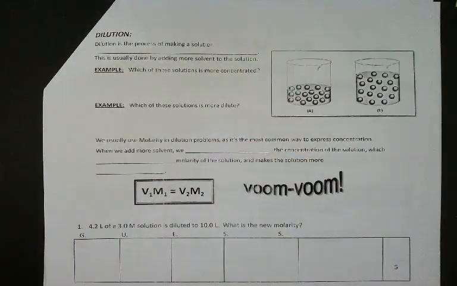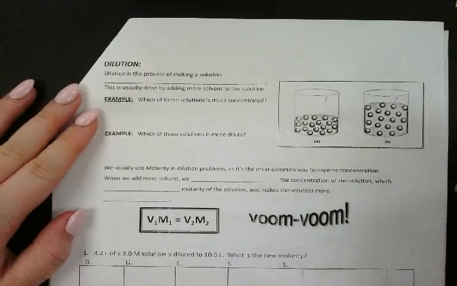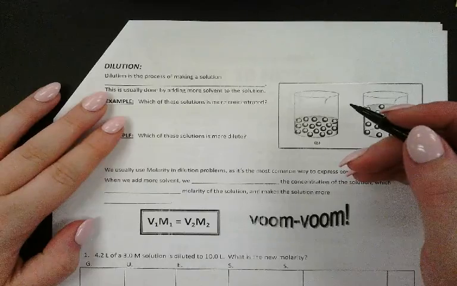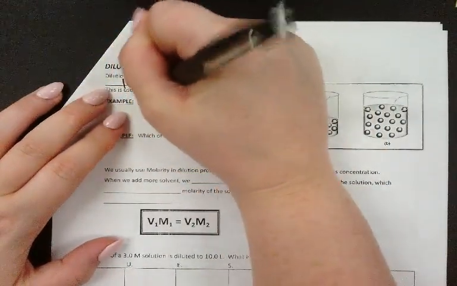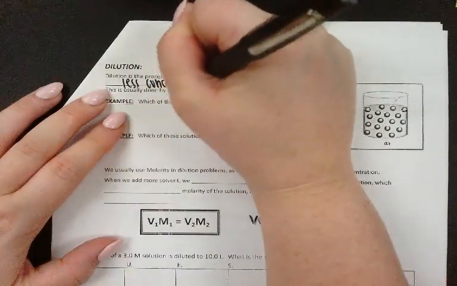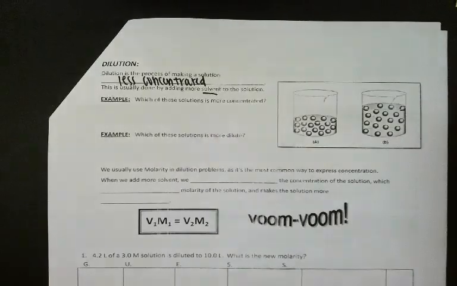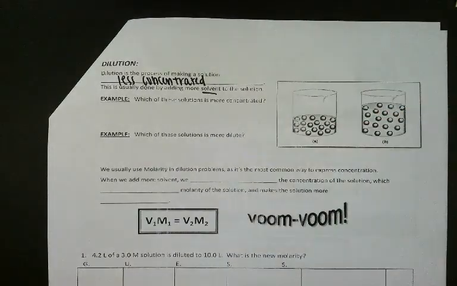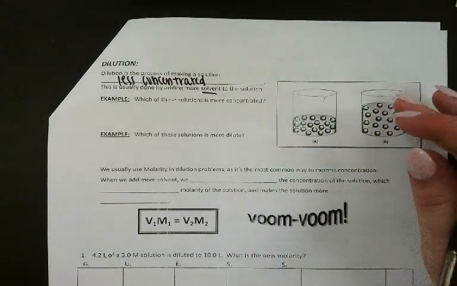Next up we have dilutions. Okay, dilution is the process of making a solution less concentrated. This is usually done by adding more solvent to the solution. So we're going to be looking at these two pictures, and it wants us to figure out which of these solutions is more concentrated.